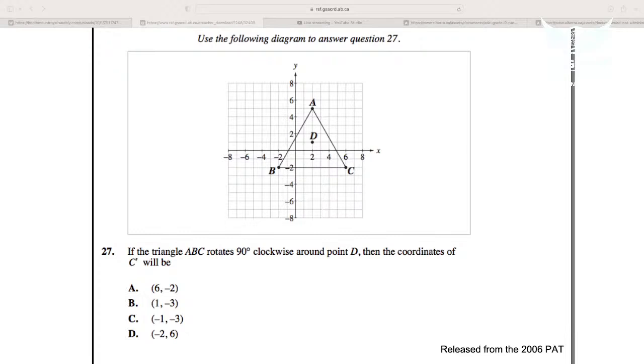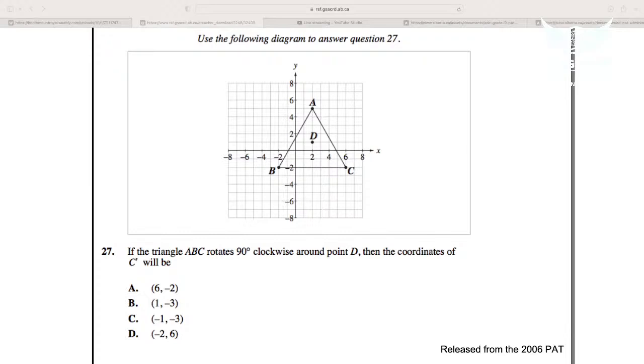So take a look at the question, see if you can answer. So we have a diagram, we have triangle ABC.